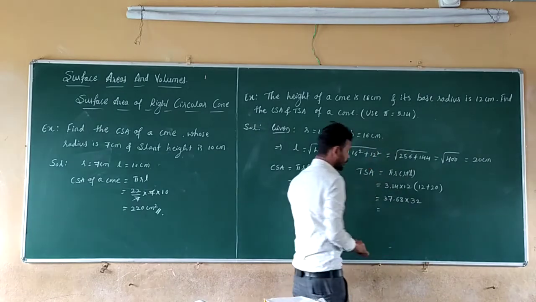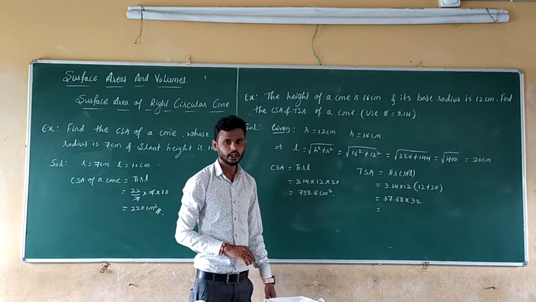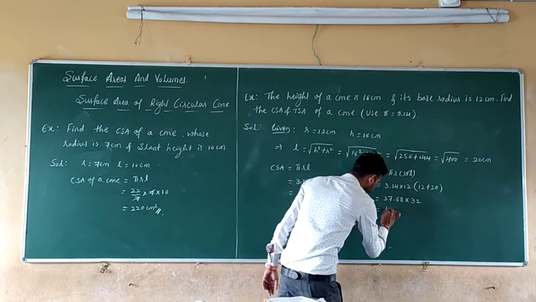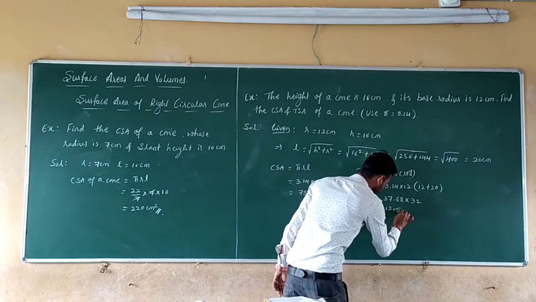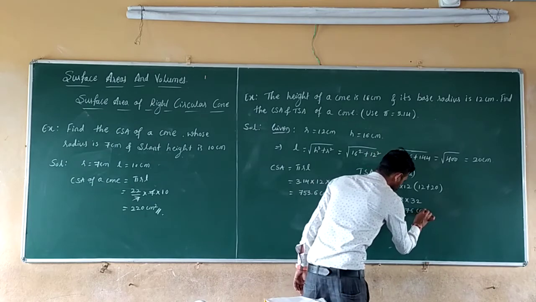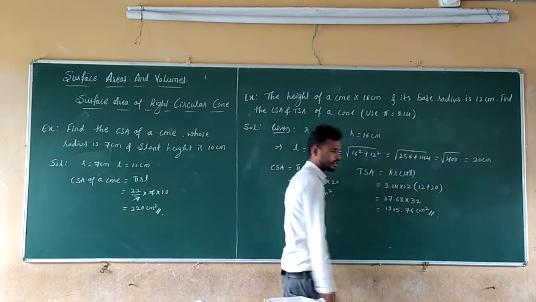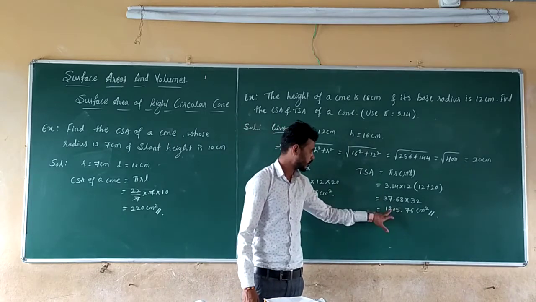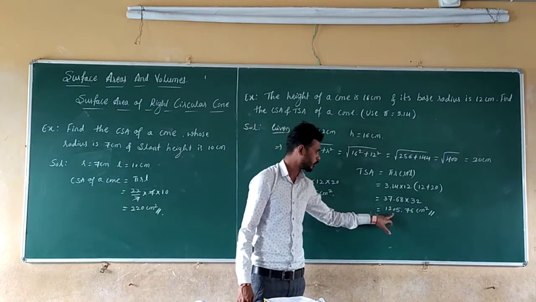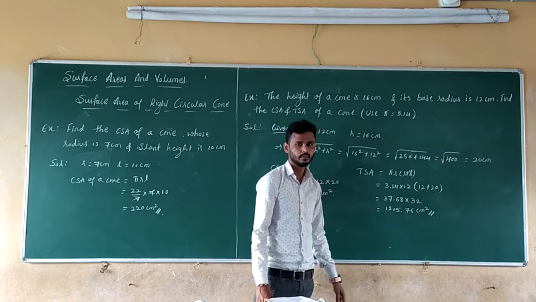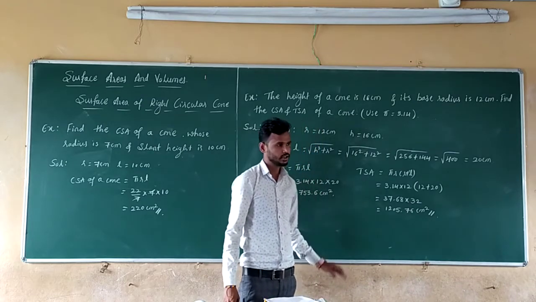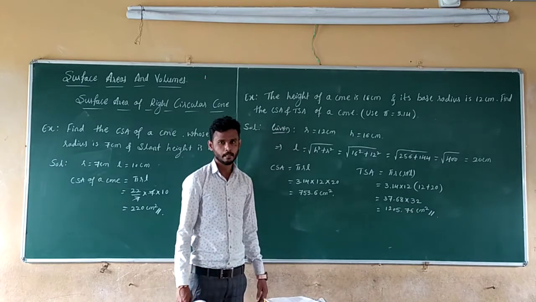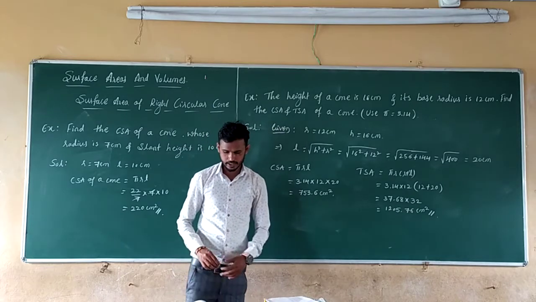So 37.68 into 32. Multiply that, you will get the answer 1205.76 centimeters square. So TSA of a cone is 1205.76 centimeters square. So this is the solution of this given example. Okay, we'll see the exercise.